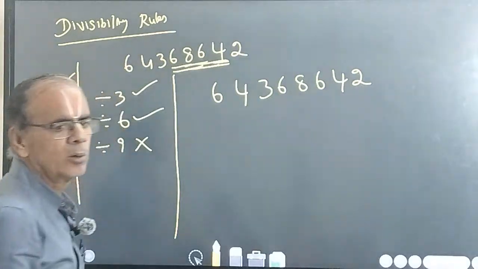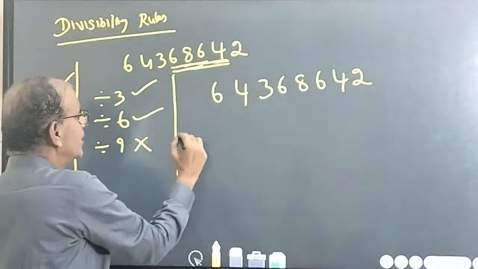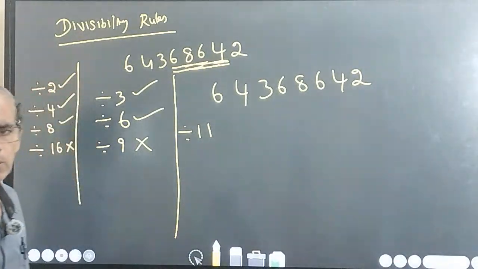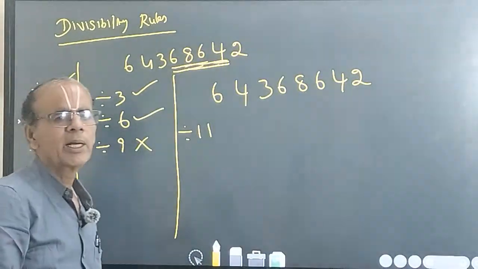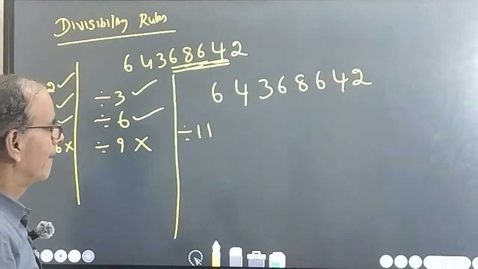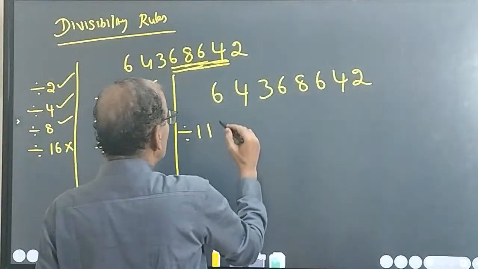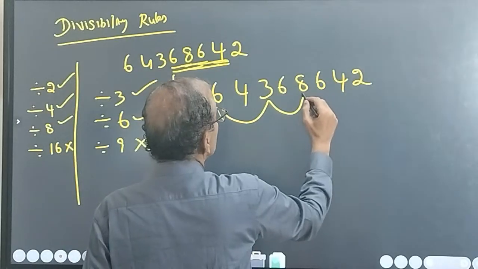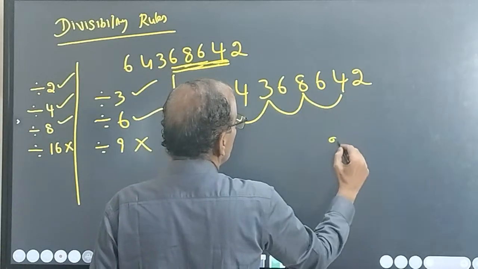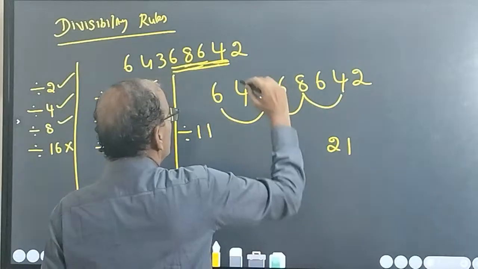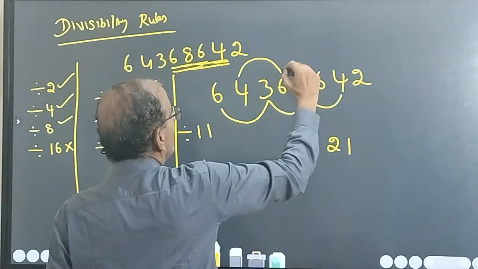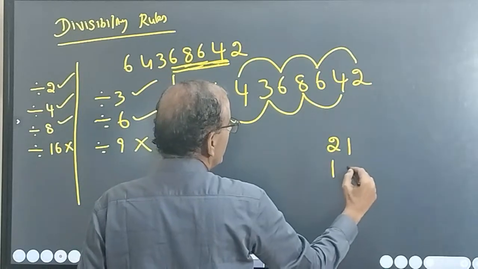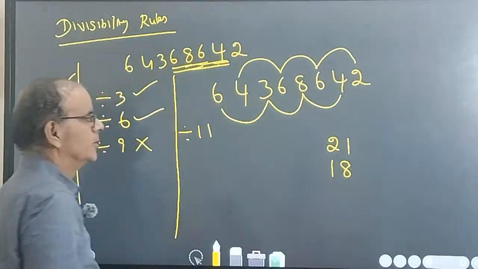Next important rule. Whether this number is divisible by 11, how to find out? Do not divide it by 11, that takes a lot of time. Take alternate digits: 6 plus 3 is 9, 9 plus 8 is 17, 17 plus 4 is 21. 4 plus 6 is 10, 10 plus 6 is 16, 16 plus 2 is 18.